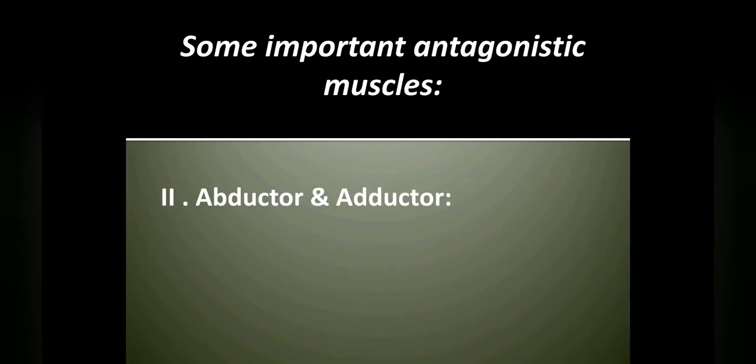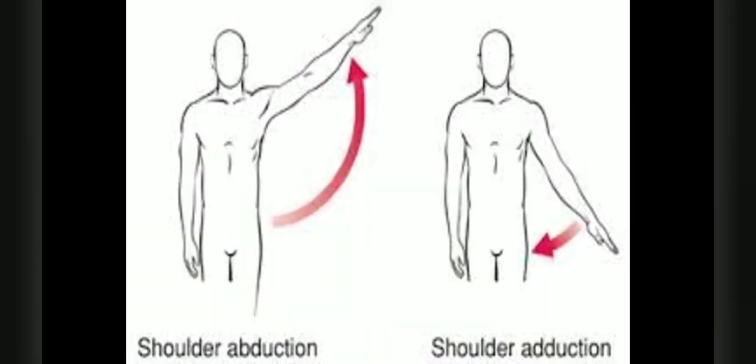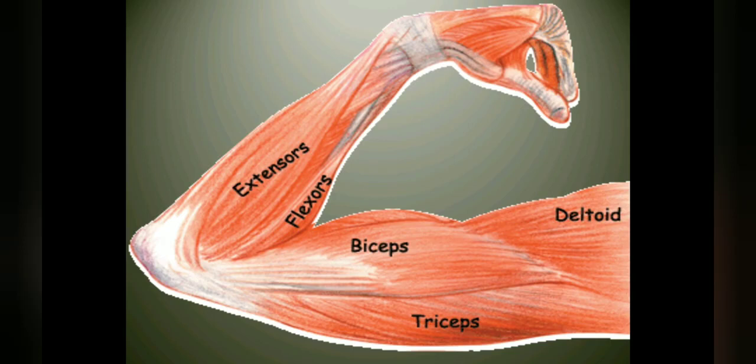Second one is abductor and adductor. Abductor muscles always move body part away from the body axis. For example, you are having deltoid muscle which is present in shoulder.